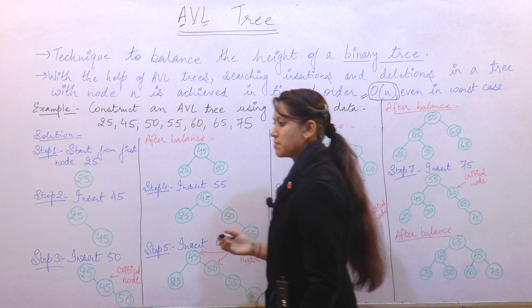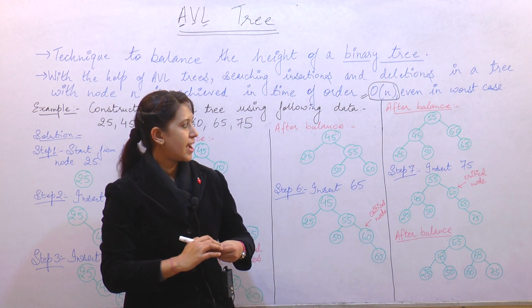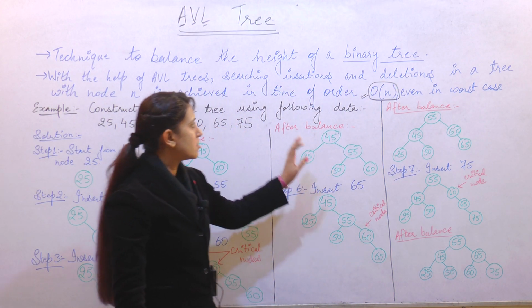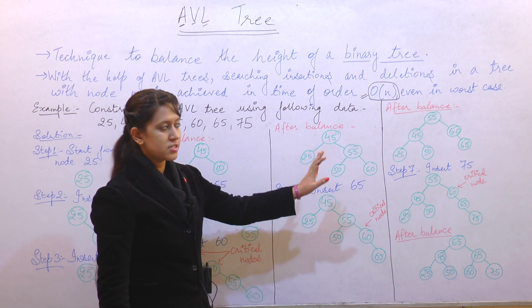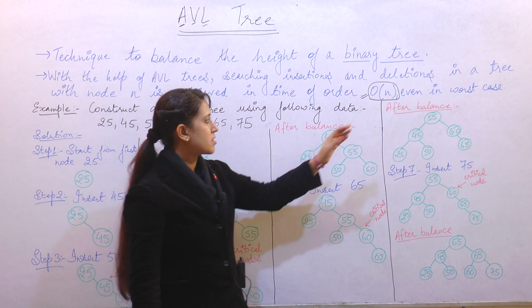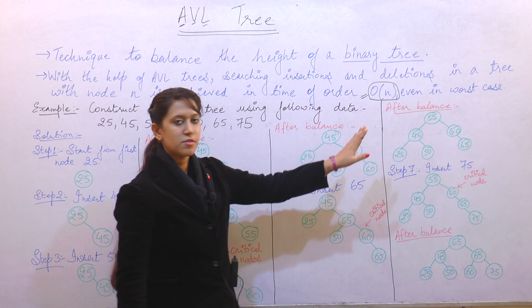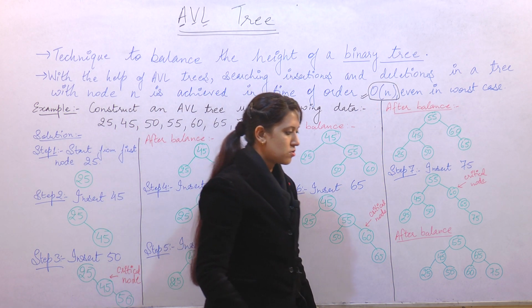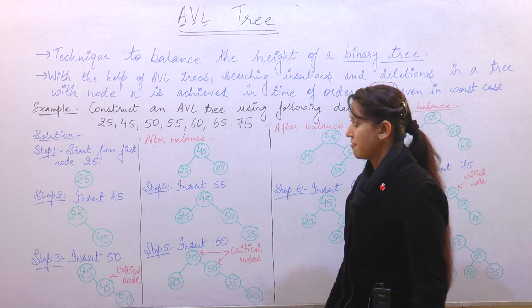Even in the worst case means the maximum time that can be taken to accomplish all these operations will always be O(n). Maximum and minimum time are both given by O(n). So this was the basic introduction to the AVL tree.